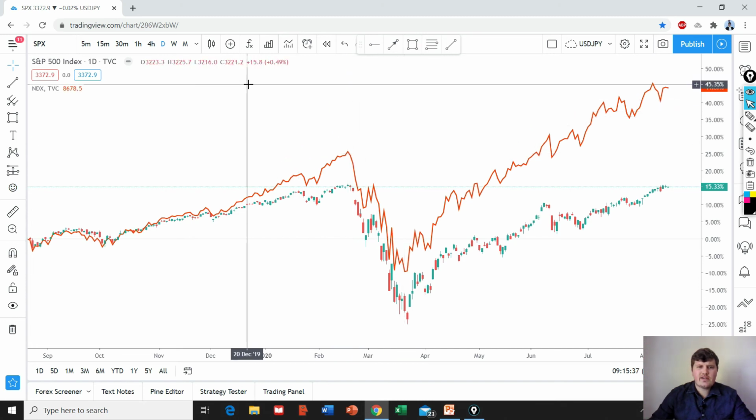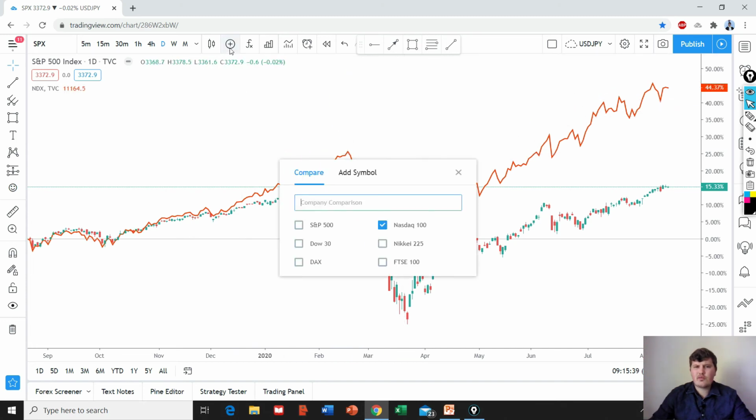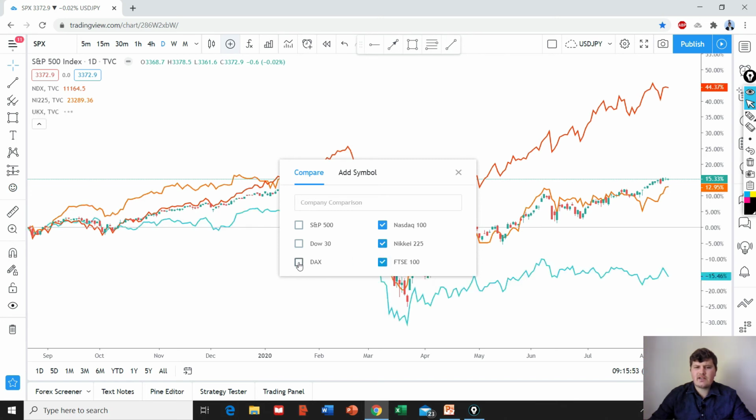So let's compare some other global stock markets. For example, the Nikkei is the Japanese stock market. The FTSE 100 is a measure of the 100 companies listed on the London Stock Exchange. Then the DAX is a German stock index, and then you can put in the Dow Jones, which is an index of the 30 biggest companies in America as well.